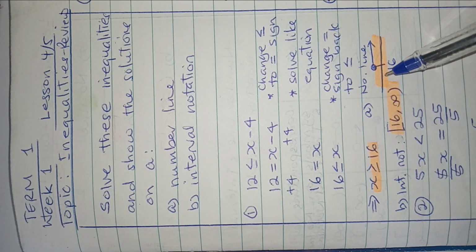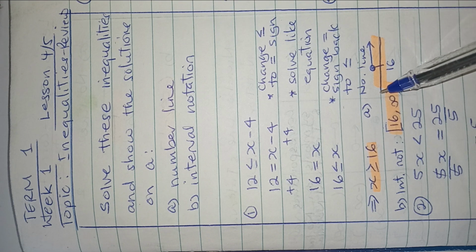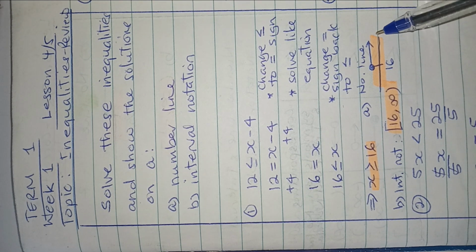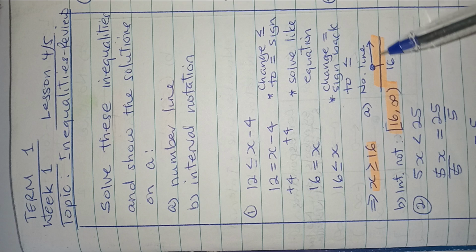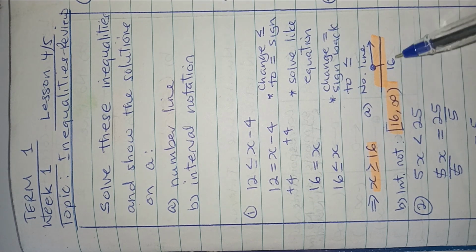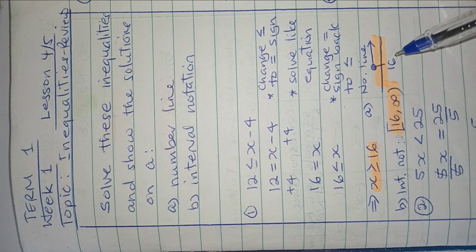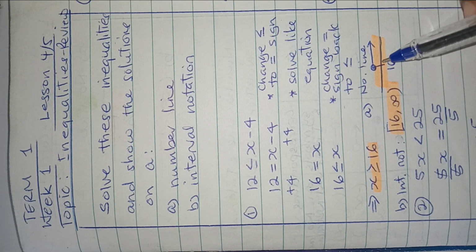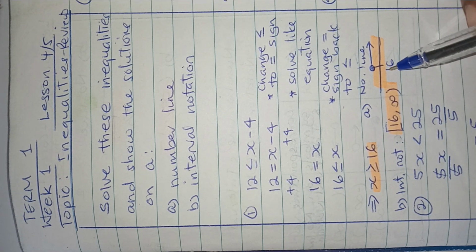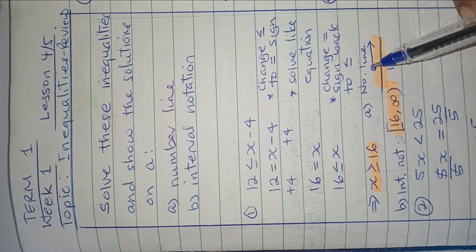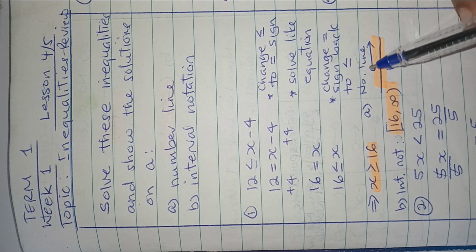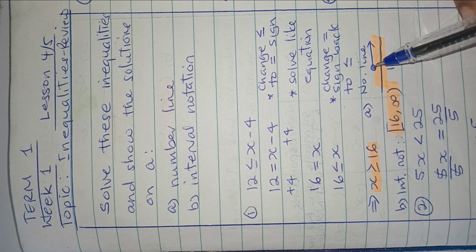Okay, we put this on a number line. Here's my number line. Now take note, I could be writing all the numbers around 16, but this is a waste of time and space, so you can just indicate 16. Put a circle above 16, and there are 2 types. One is a shaded one and one is an unshaded one.